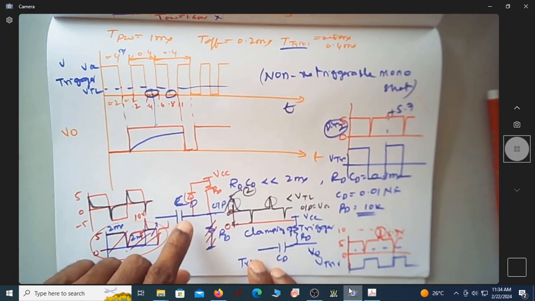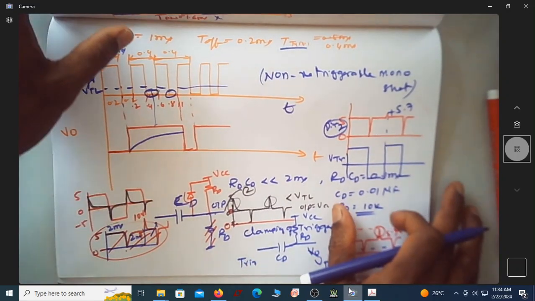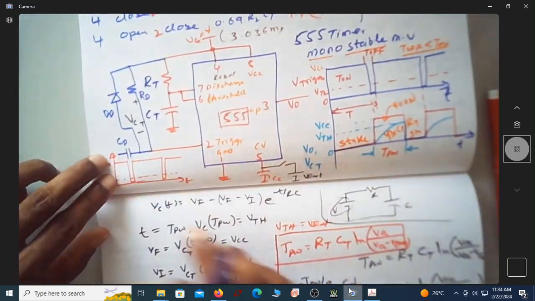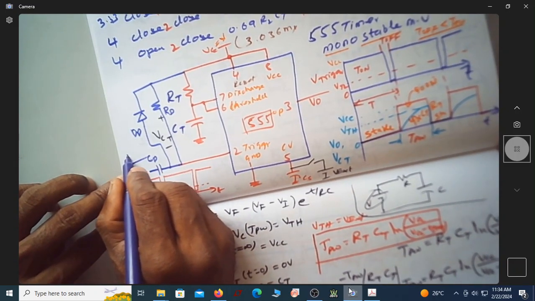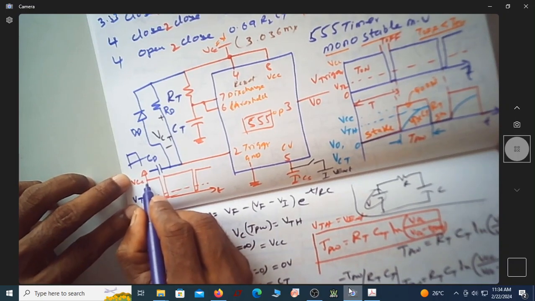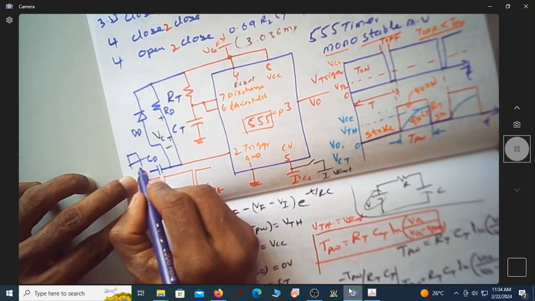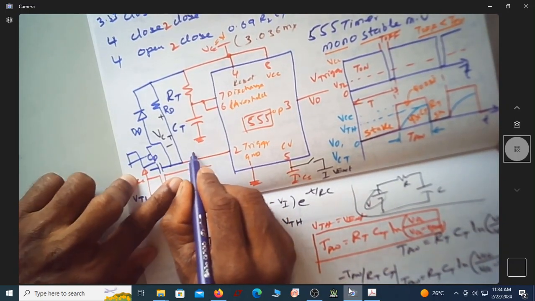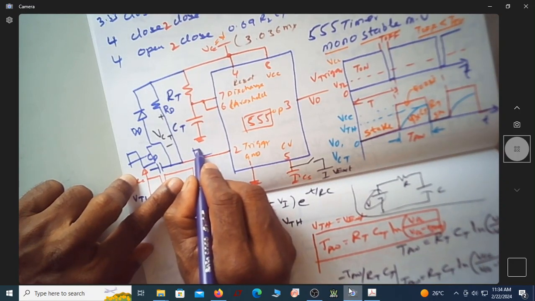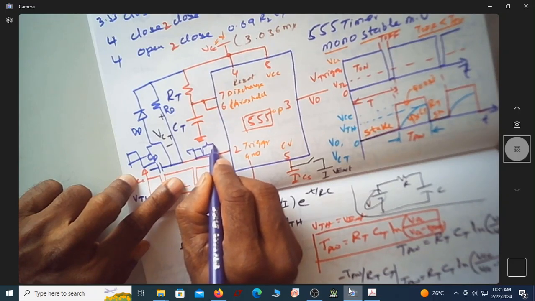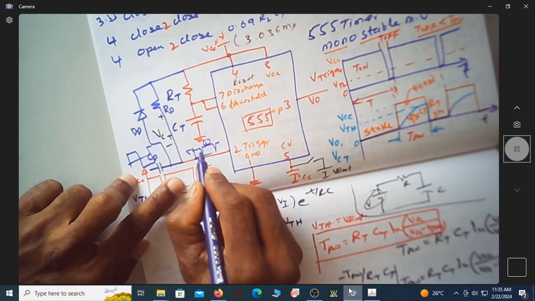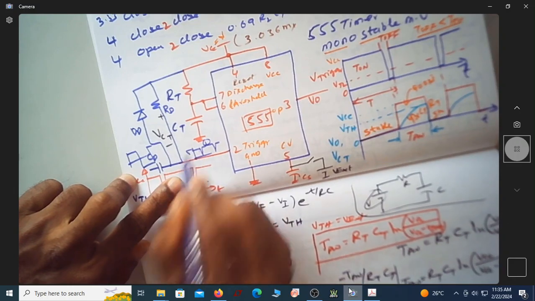So if you use this signal conditioning circuit, even though you are applying a square wave, it need not be 0 to 5, even if it is from 5 to minus 5, you will get spikes. You will get spikes shifted by 5 volt, like this. This will be only 0.7 in height, going up to 0.